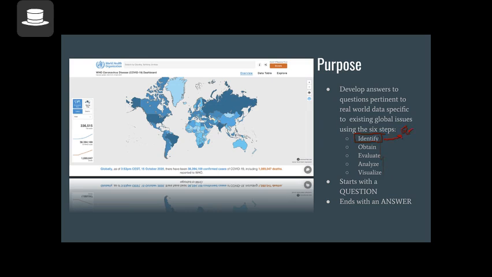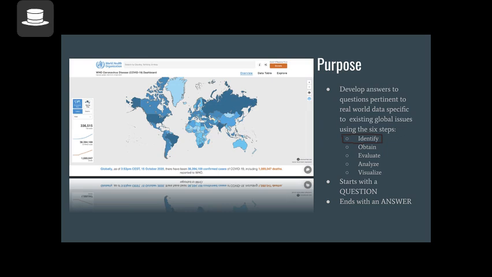For instance, let's say you have a question about COVID-19, then you'll search for data sets. Now, we're not talking about specifics of these steps. I'm just giving you a bigger picture of what these steps are. So you learn in detail the skills specific to these steps later on.